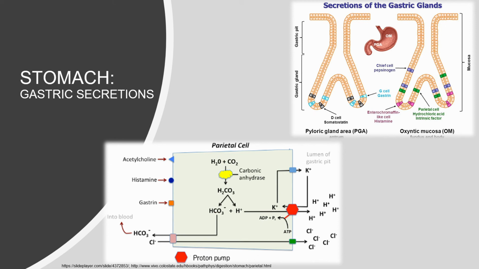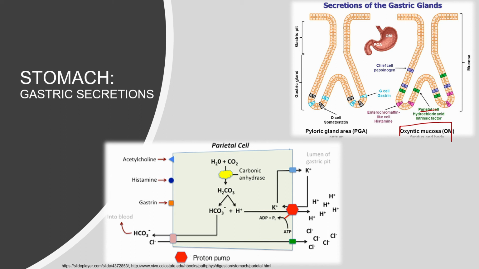Here they are, parietal or oxyntic glands, and they secrete HCl mainly, as well as pepsinogen, intrinsic factor, and mucus.